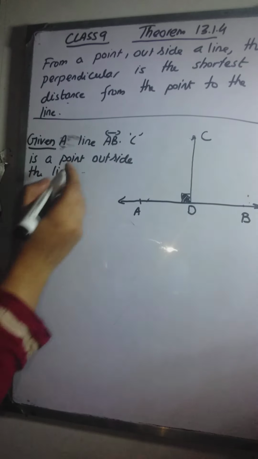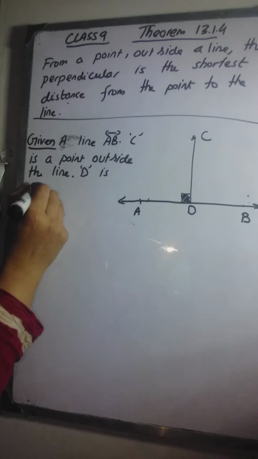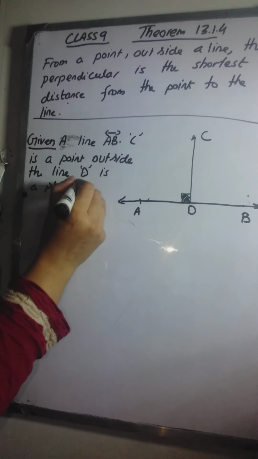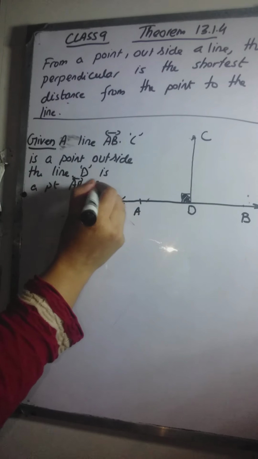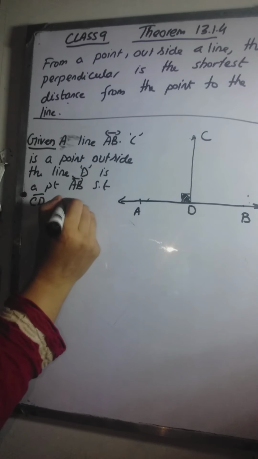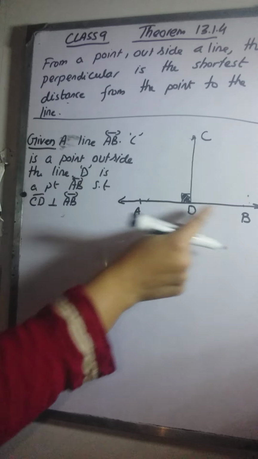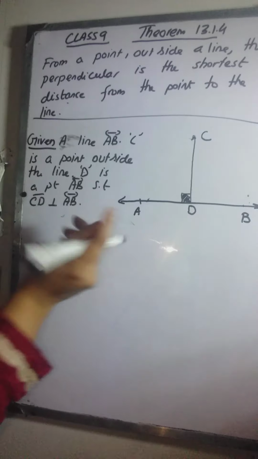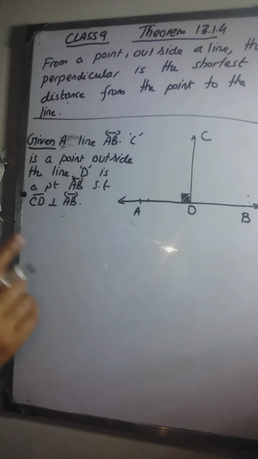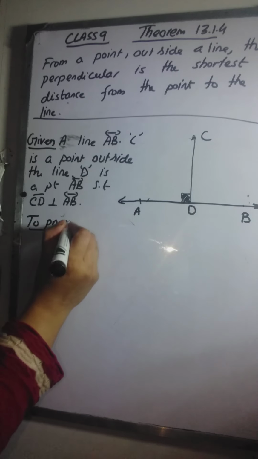C, and D is a point on AB such that CD is perpendicular to AB, or we can say that CD is the perpendicular distance of C from AB. We have to show that CD is the shortest distance from the point C to the line AB.